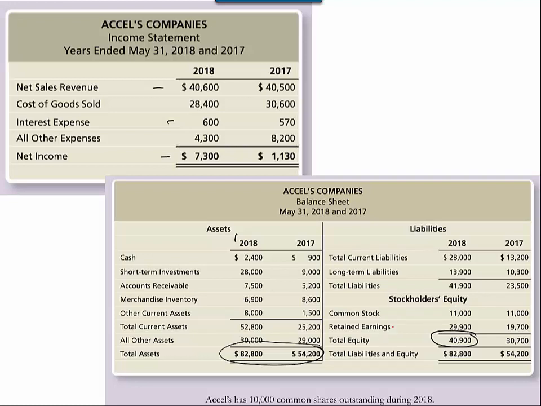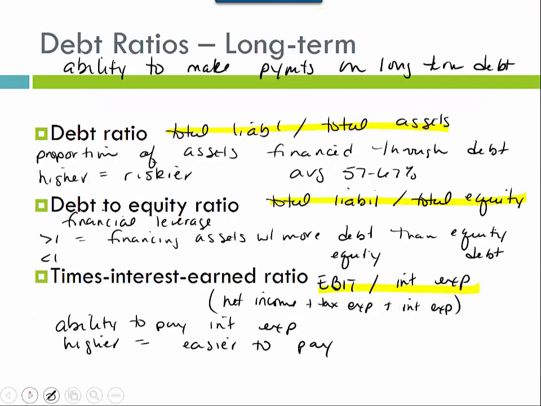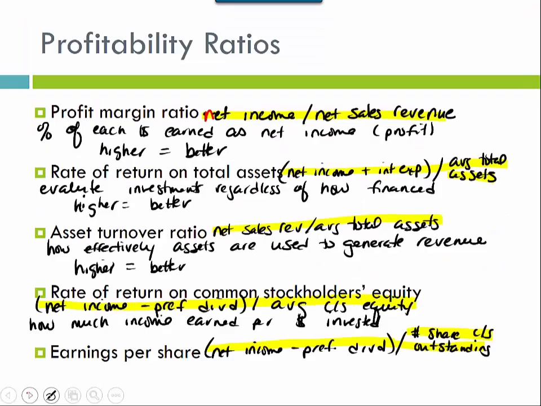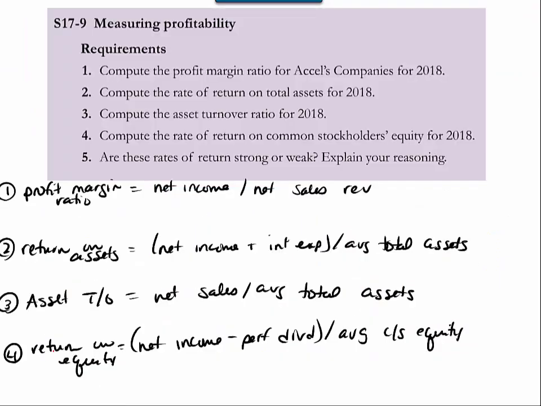What else am I looking at there? So net sales revenue, net income, the interest expense we need for the return on assets. I think that's everybody. So those are the ones we're going to use. You're just going to have to trust me that I get it right here. Or you can have it in front of you while you're doing this on the other sheet to use that.